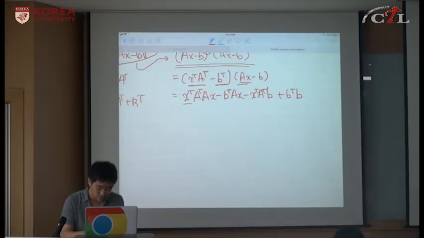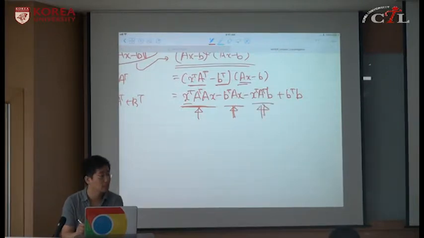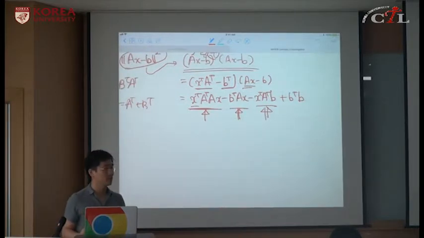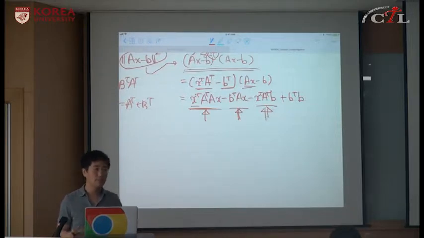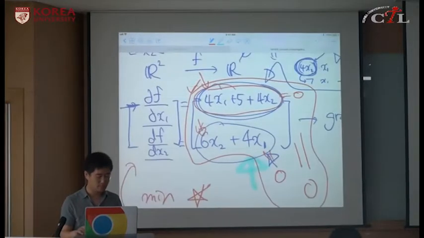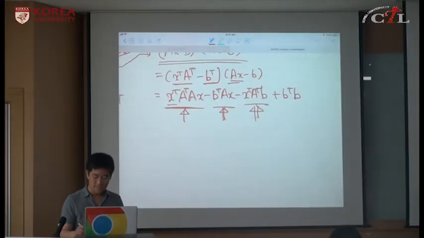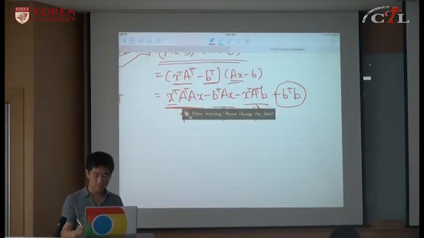If we compute the partial derivatives of each of these three terms separately and add them up together, that will be our gradient, the collection of partial derivatives. We don't need to care about this last term because it is constant. b is the given constant, right?